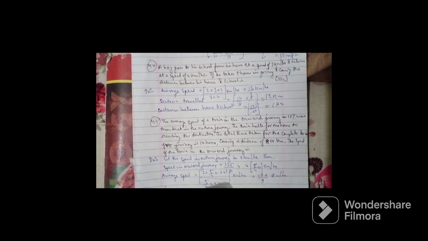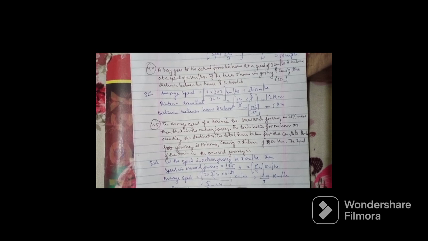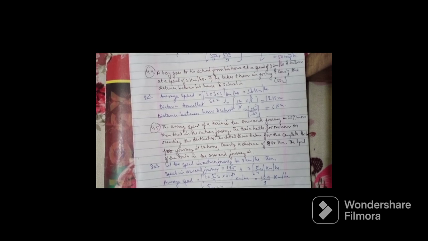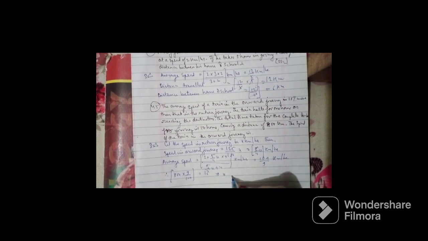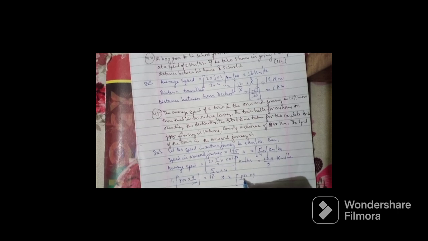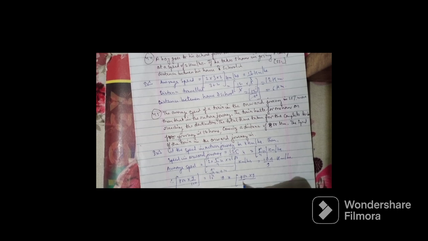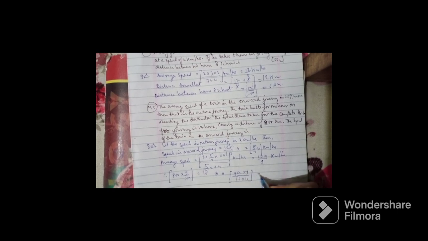So 800 into 9 by 10x equals 16. x equals 800 into 9 upon 16 into 10, equals 45.